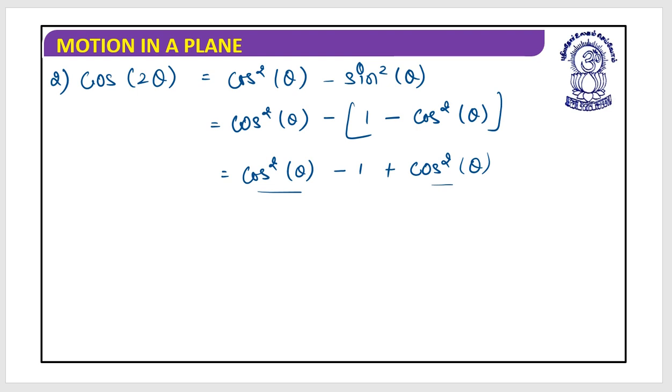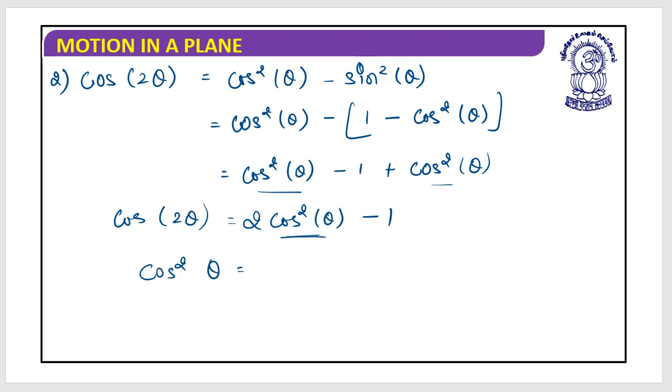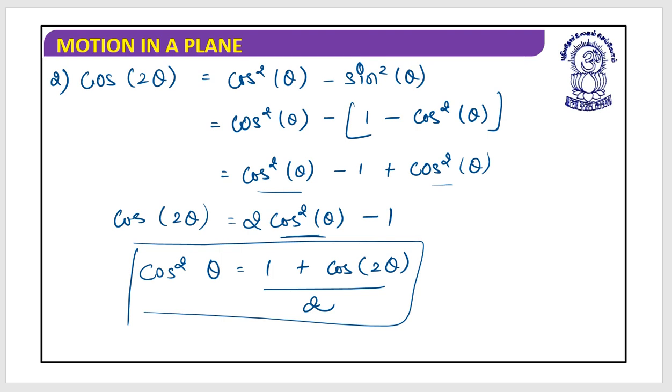This cos square theta plus cos square theta is 2 cos square theta minus 1. This is equal to cos double of the angle. So if I want the value of cos square theta, it could be written as cos square theta is equal to 1 plus cos 2 theta divided by 2.